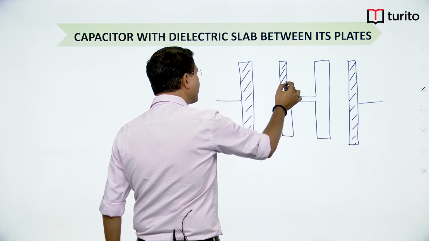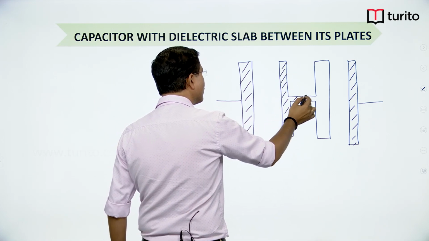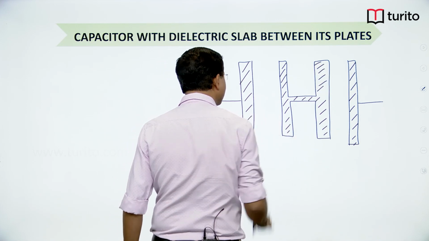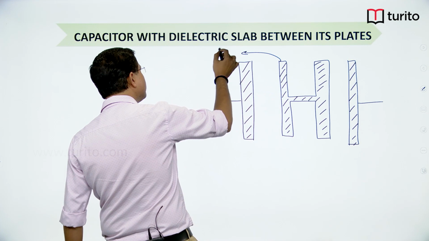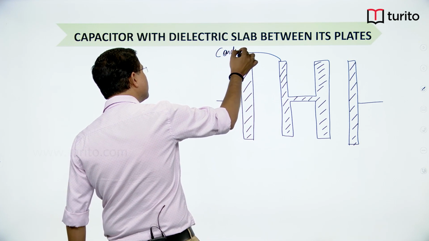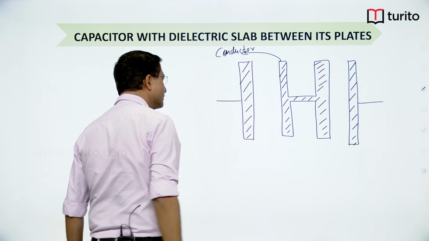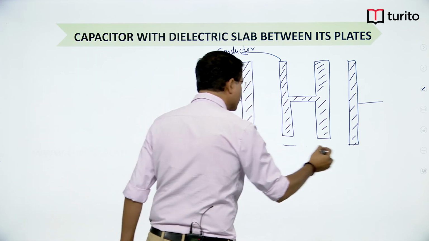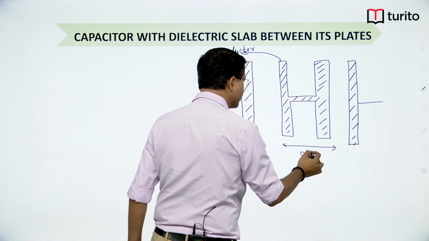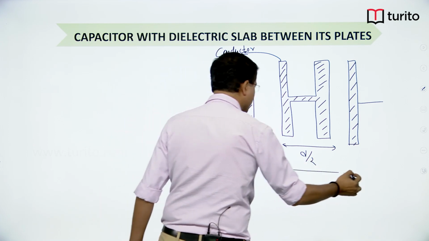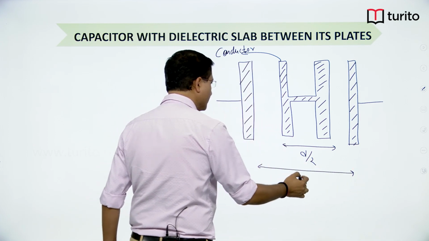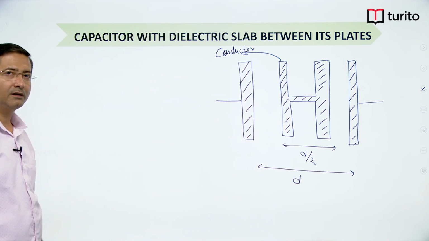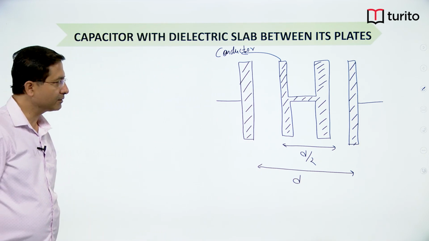And this is made up of conductor, this whole thing is conductor. And let this distance be d by 2 and this whole gap is d, and I ask the same question, what is the capacitance of the arrangement.